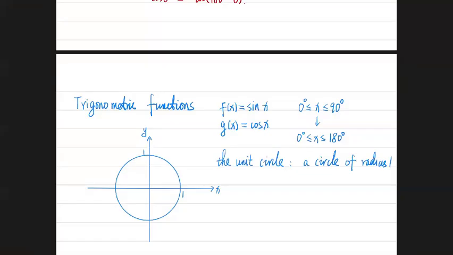It means for every point A on the circle, OA is 1. A has two coordinates, x and y.